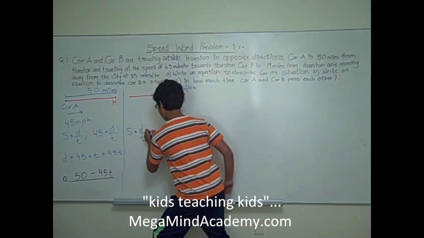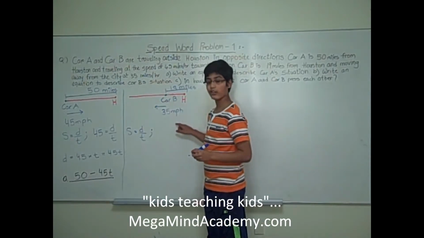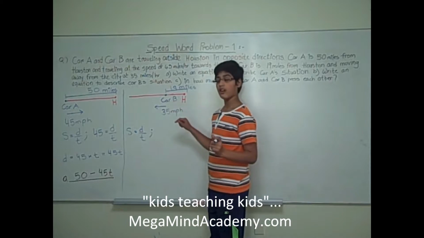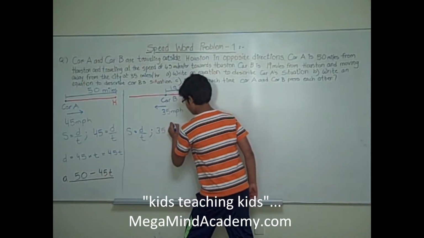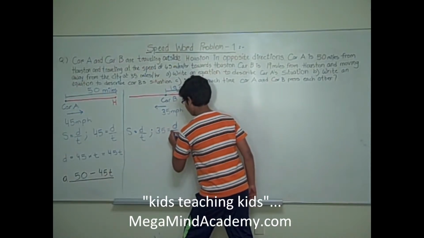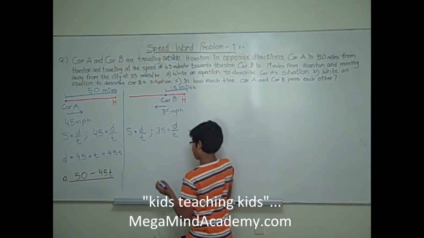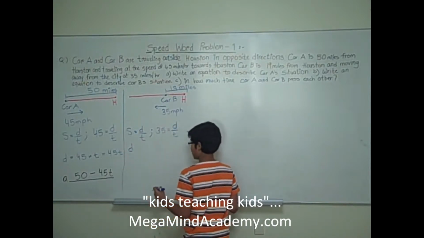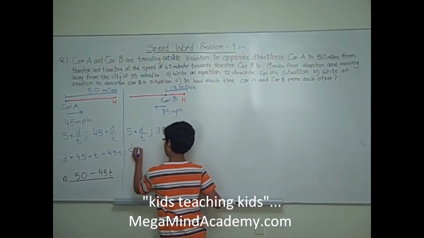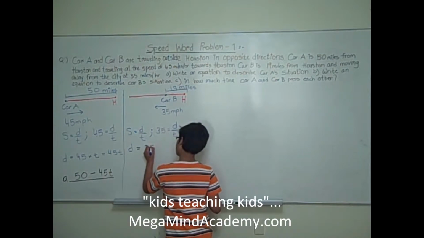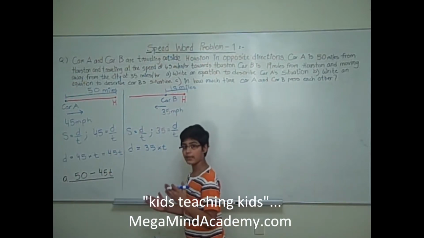So this means that 35, which is 35 miles per hour, which is the speed of car B, is equal to D over T. So this means that D, the distance traveled in the amount of time given, is equal to 35 times T, and T is the amount of time given.